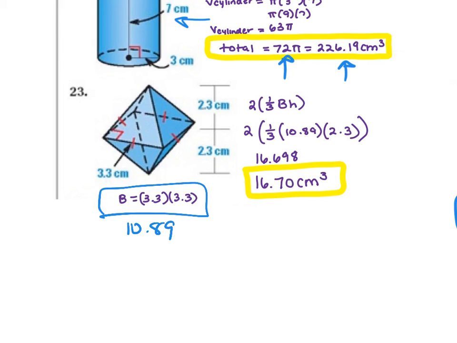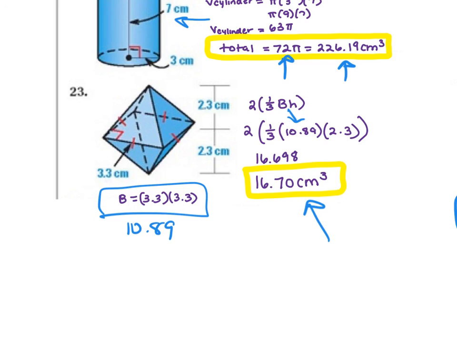Then I can do 1/3 area of the base times the height, and then double it because both pyramids are the same. So this will give me 16.698, rounded to 2 decimal places, 16.70. So that is 11/7's warm up and homework.